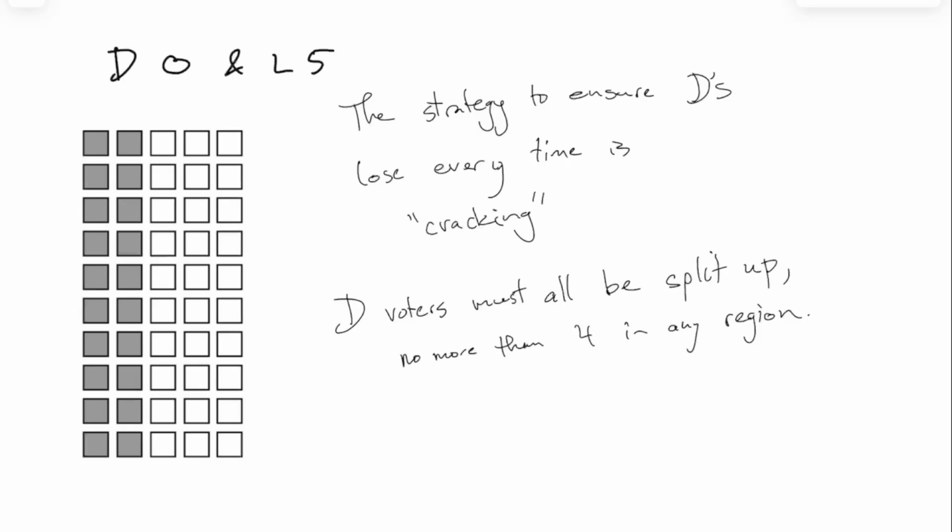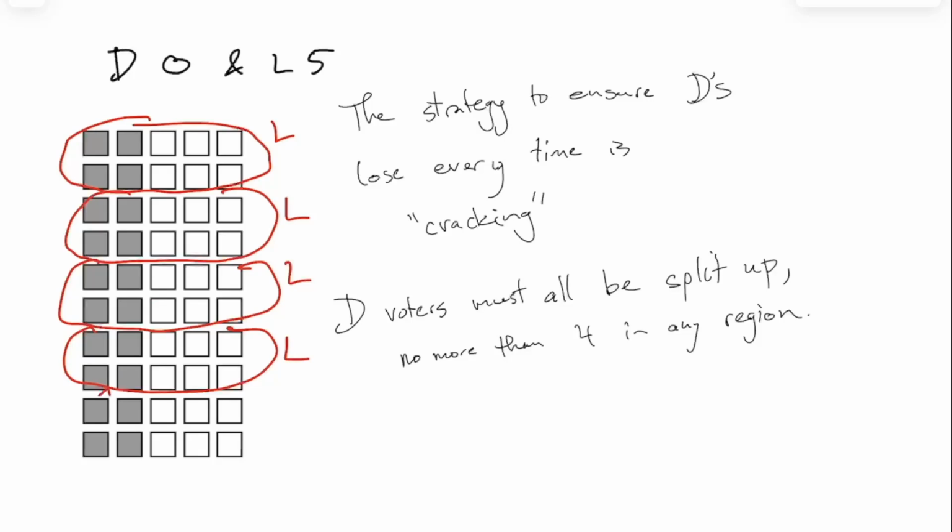Yeah. If I just kind of draw horizontal regions like this, right? This is a region in which the D's have only 4, but the L's get 1. So that's an L region in terms of who has a majority in that one. And then if you just do that all the way down the whole picture, this makes L's win every time, right? If you did this in real life, I would regard this as super unfair to the D's.